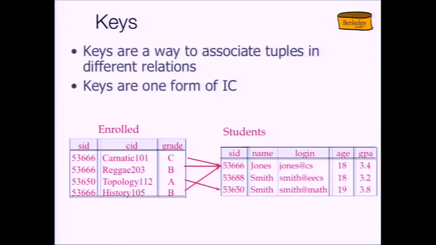All right, so let's look at one that you've probably already been playing with a little bit, the idea of a key. Keys are really used for two things in database systems. There's this idea of a unique key, sometimes called a primary key, but it's a little more subtle than that.